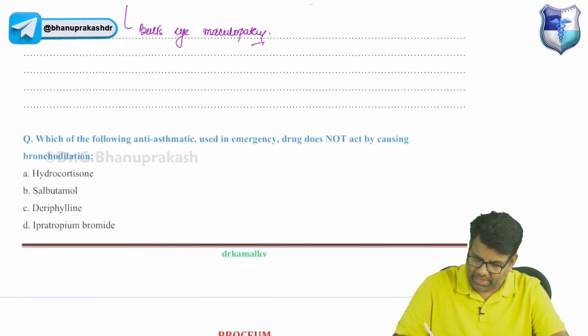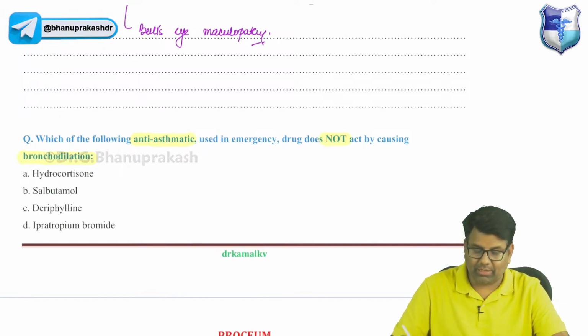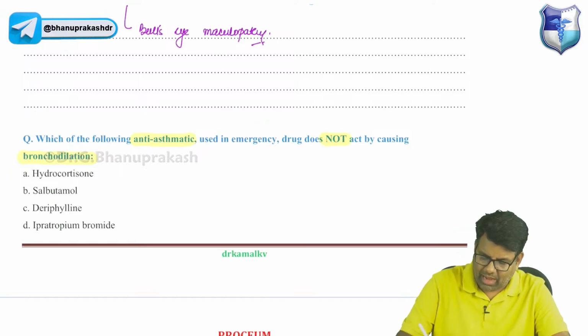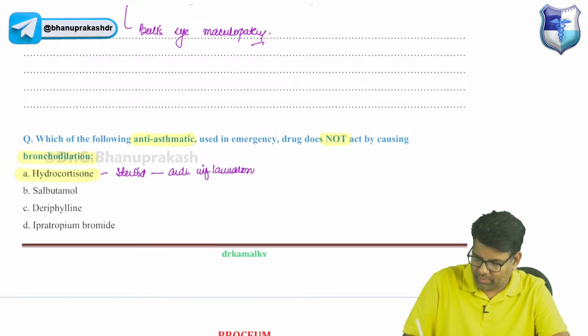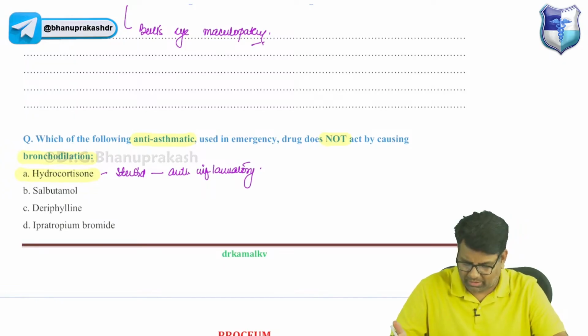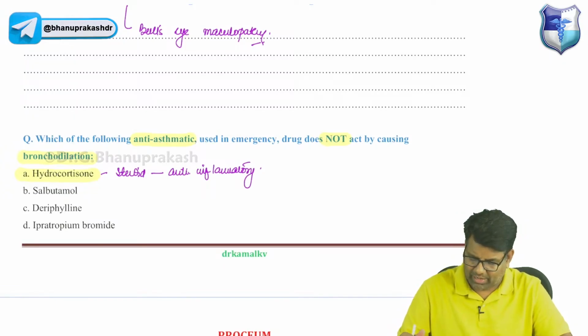Now, which of the following anti-asthmatic drugs does not cause bronchodilation? And what is the answer? Yes, hydrocortisone, because this is a steroid and these are anti-inflammatory. It has nothing to do with bronchodilation.